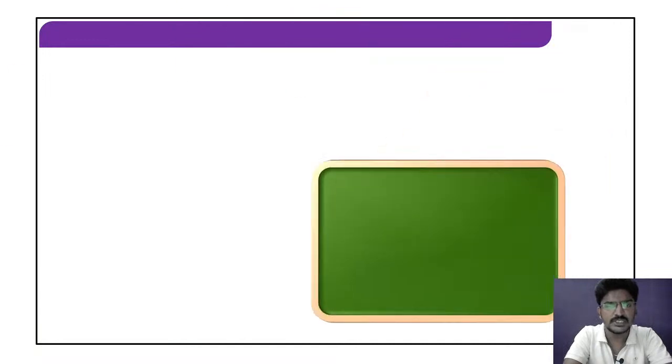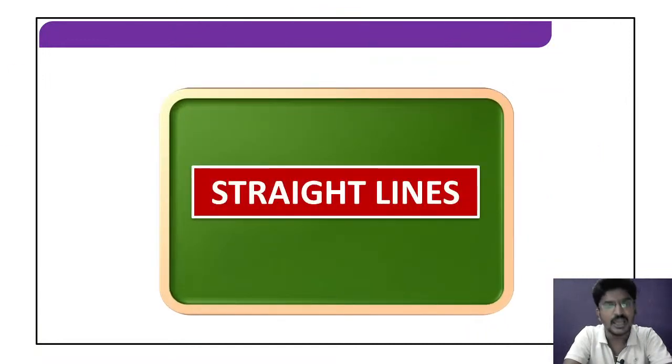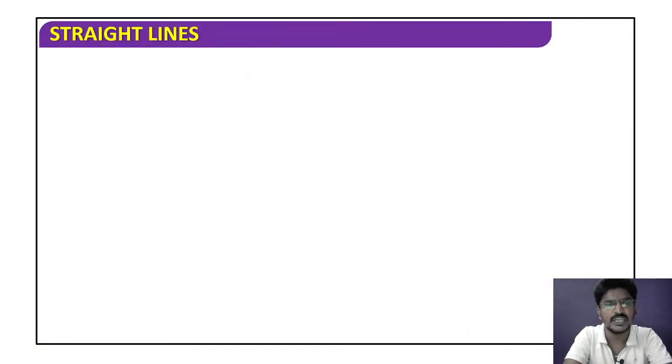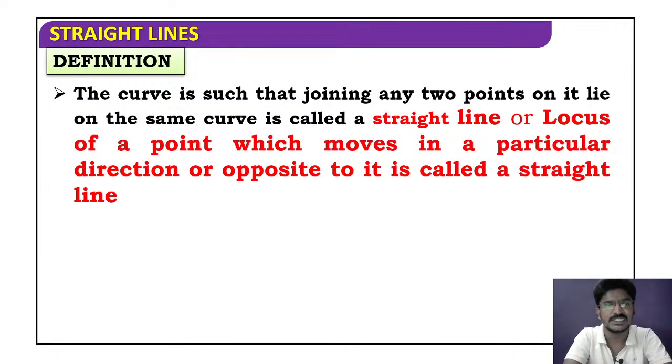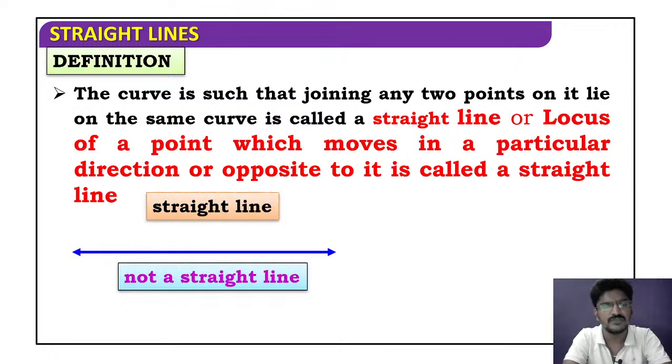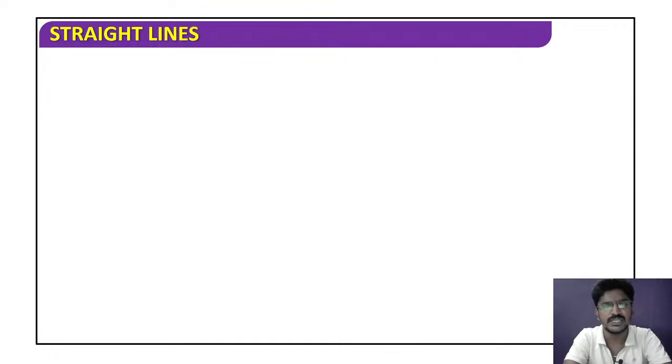Okay, let us start again with the introduction part of straight lines, which we have already seen yesterday. So I will not waste time here. The definition of a straight line we have seen yesterday, and the condition for the straight line, that also we have seen yesterday. No problem.